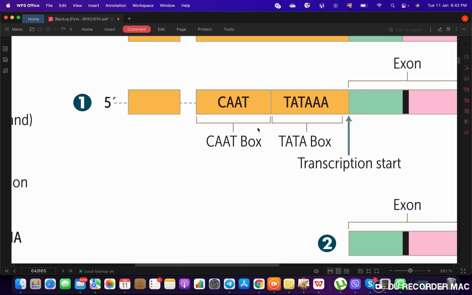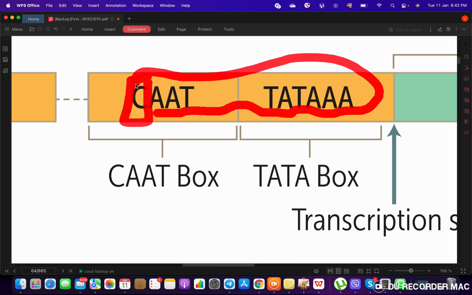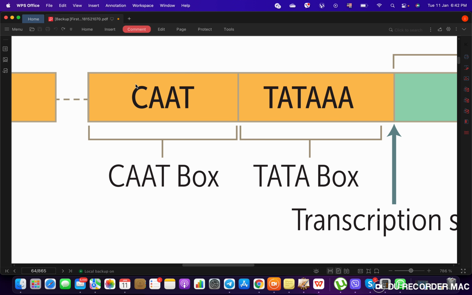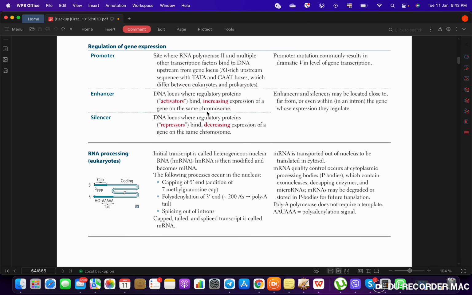Notice here in the CAT box, there is only one C. All of the other sequence in both of them is A's and T's, and that's the point here: the sequence is full of adenine and thymine that have two bonds. You're like, okay, what about this one C? Well, this one C is the most initial portion, so it does not really matter. But the other portions do matter because the polymerase has to bind to something. So yeah, we can have both.